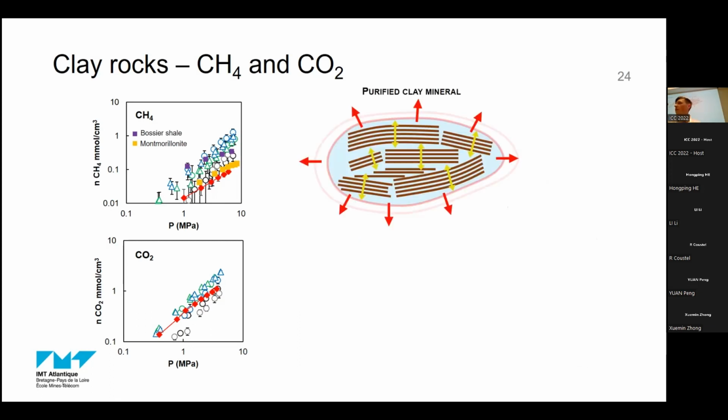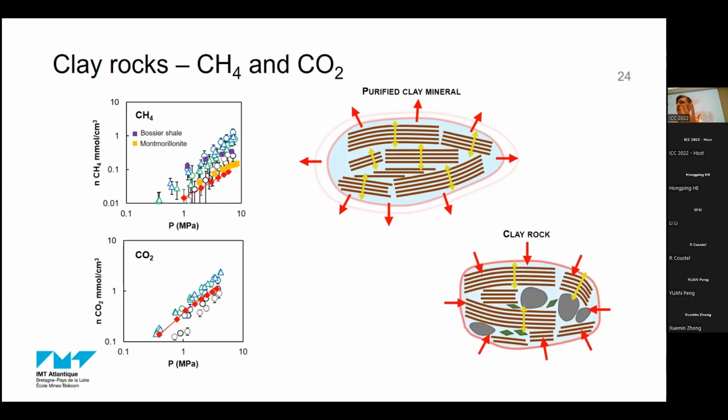Actually, for purified clays, mechanical constraints have been released because they were disaggregated in water. So when purified clays absorb water, they can swell externally, so the particle can expand. While clay rock contains nanocrystalline calcite and silica, and also keeps the mechanical constraints acquired during genesis.